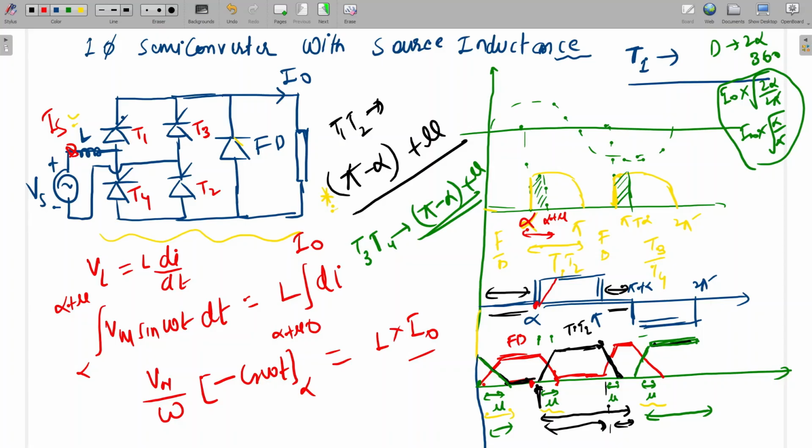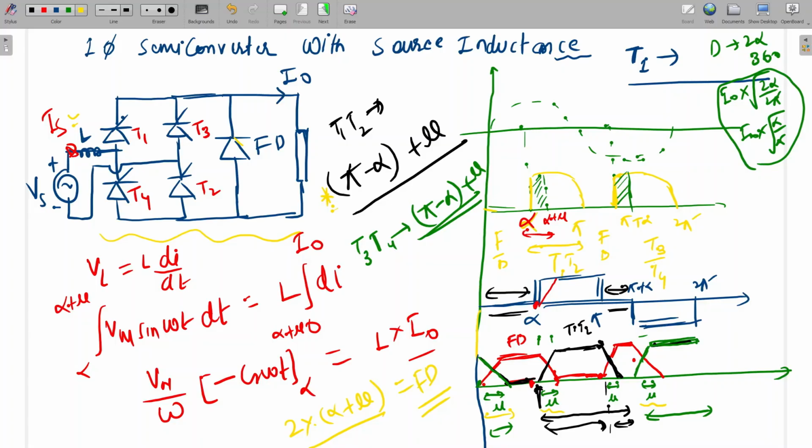So here to here alpha plus mu, and again alpha plus mu. So in 360 degrees, the diode is conducting for 2 into alpha plus mu. Is it clear to all?